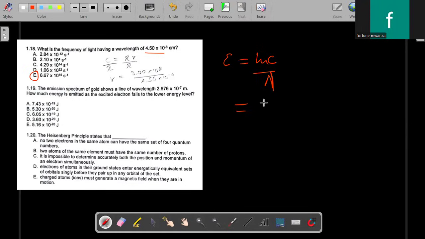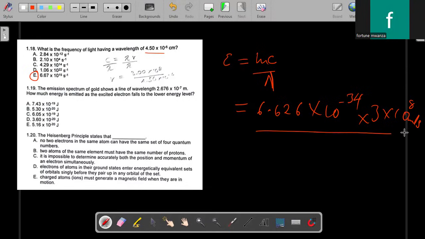Planck's constant, 6.626 times 10 to the power negative 34. Then times the speed of light, which is 3 times 10 to the power 8 meters per second, then divided by the wavelength being given, which is 2.676 times 10 to the power negative 7 meters there.